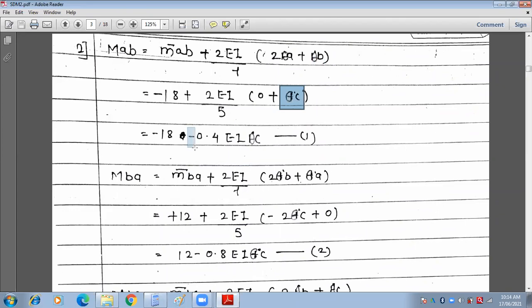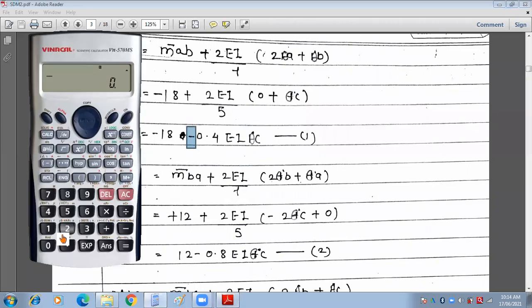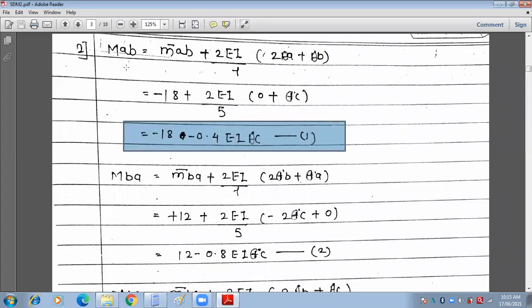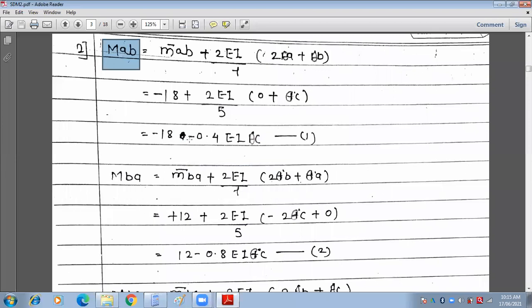Now 2 by 5 is 0.4, and minus is due to theta C being minus, because we are putting theta B equal to minus theta C due to symmetry. Now this will be our equation for MAB: minus 18 minus 0.4 EI theta C.